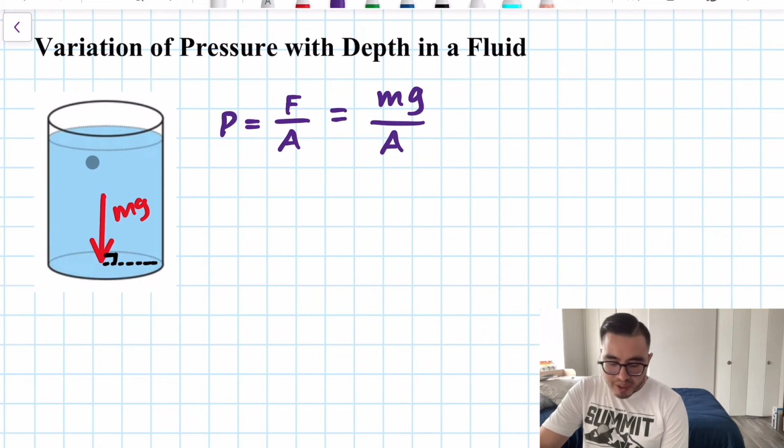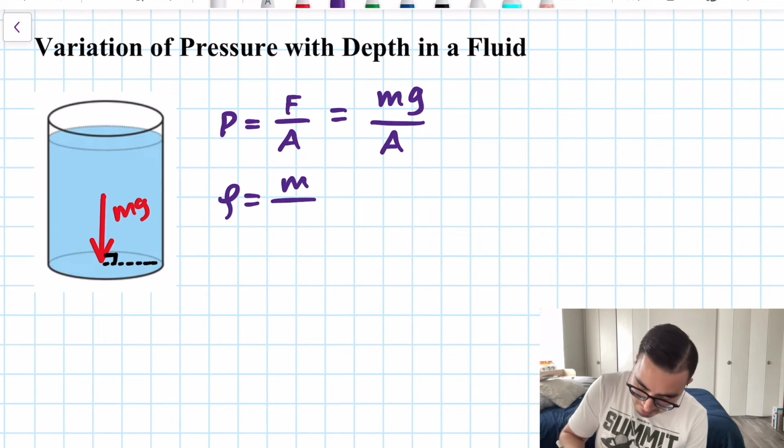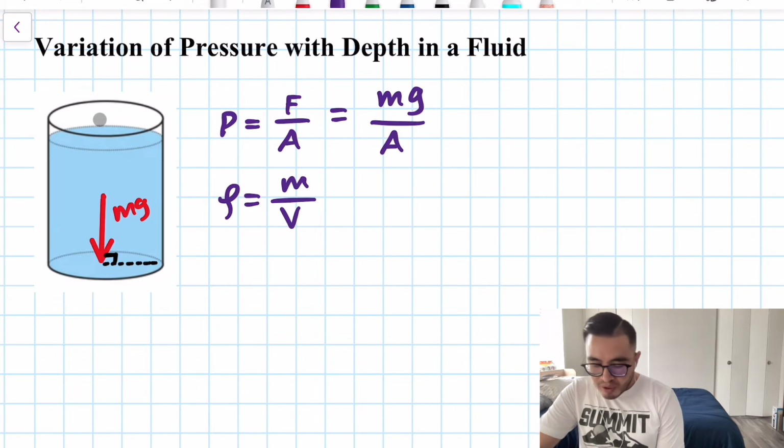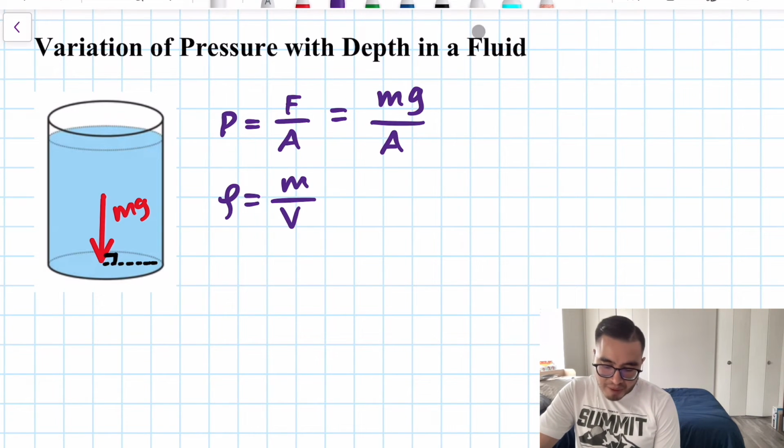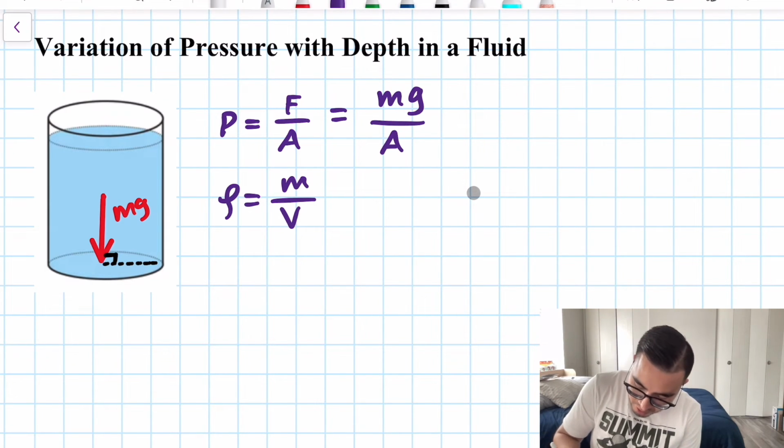Because we have a fluid, we can work with its density. And we know that density is mass divided by volume. So what I'll do is I'm going to solve for mass, and then I'm going to plug it in here in my pressure equation. So to do that, I just multiply times volume.